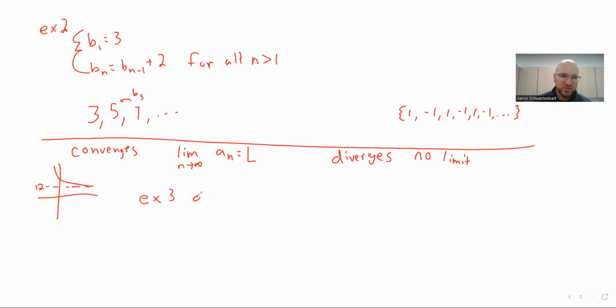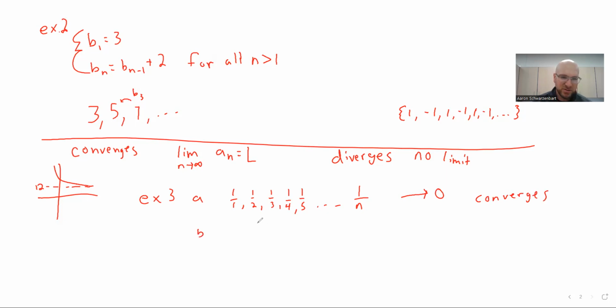So we're going to talk about whether these converge or diverge, and if so, what's the limit? These fractions are all getting a little smaller. I could represent this by 1 over n. And as n gets really large, this goes to 0. So if it goes to a single value, that converges.